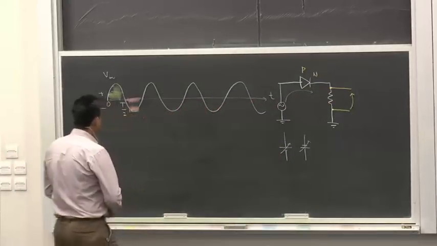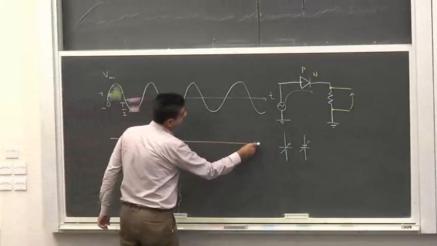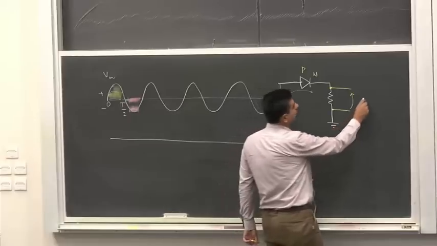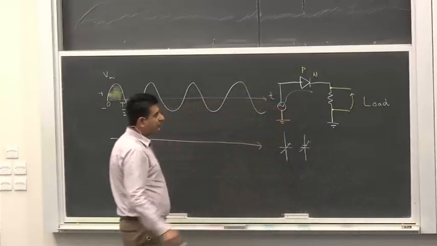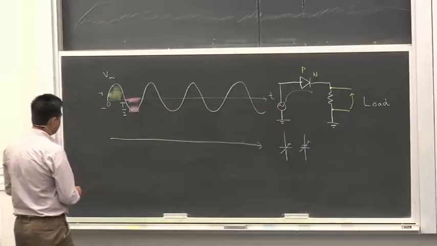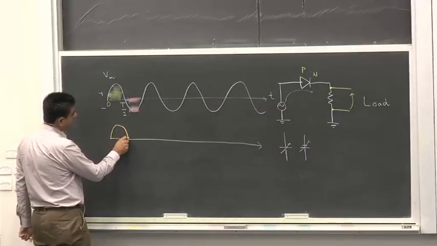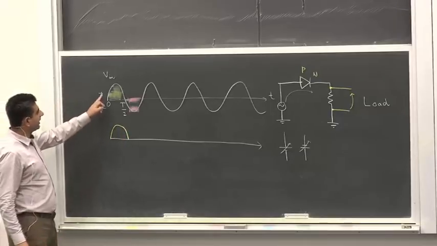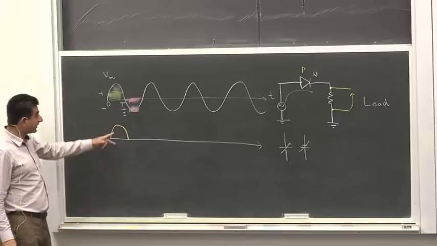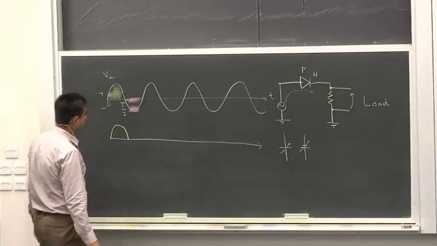Alright? So if I were to trace out the voltage drop across this resistor, which is also called a load, and I showed a practical demonstration that this voltage across the load looked like a positive voltage following the amplitude of the input voltage, not exactly the same amplitude because it could be different.